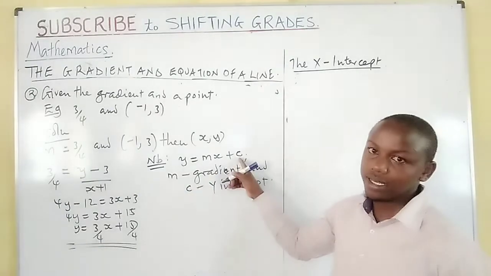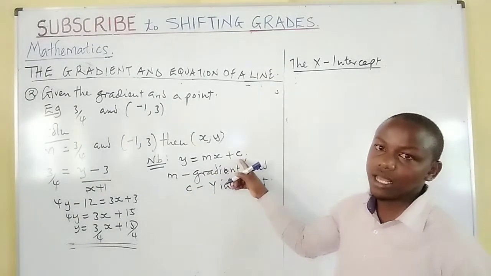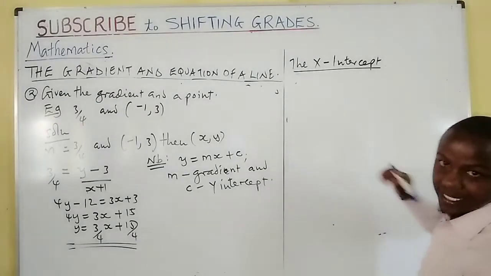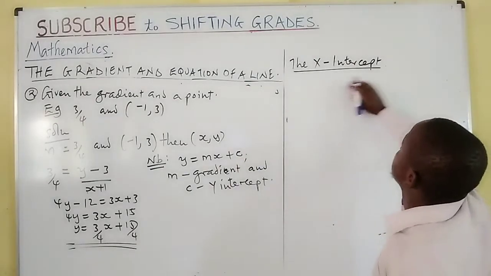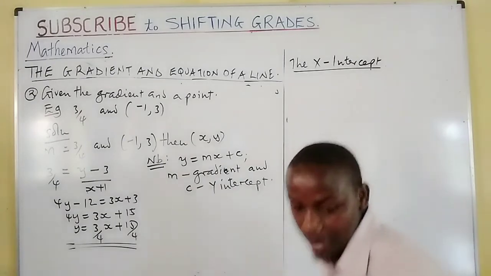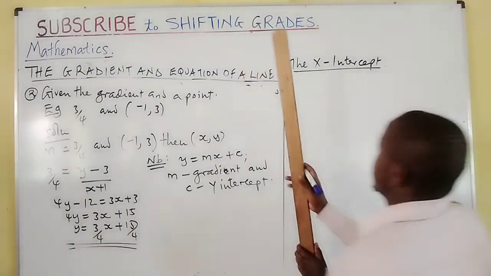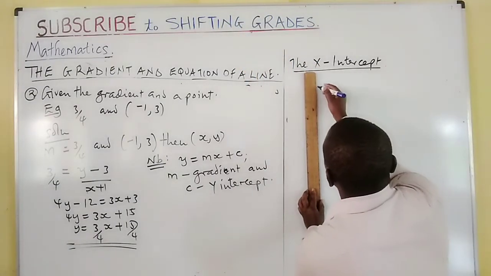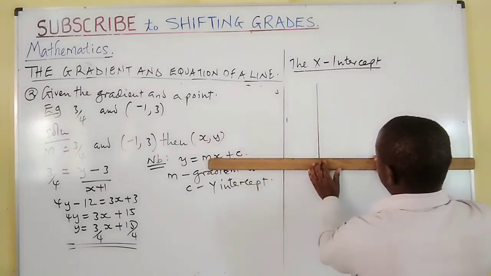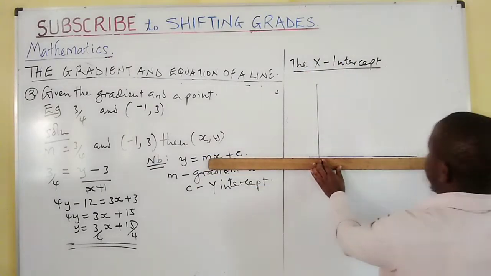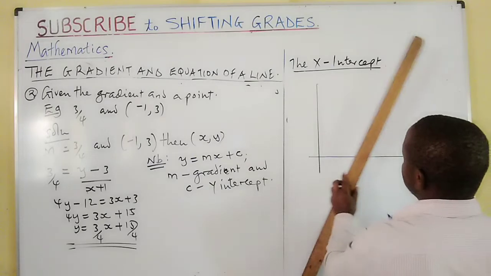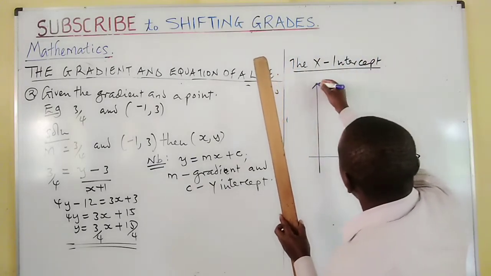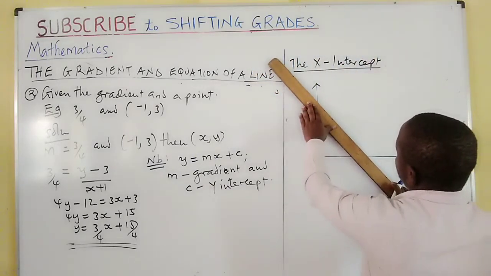So the x-intercept of a line is always there. Let me illustrate the x-intercept. When we have a line with a certain gradient, this is the x-axis, this is the y-axis, and the line is sloping like this.